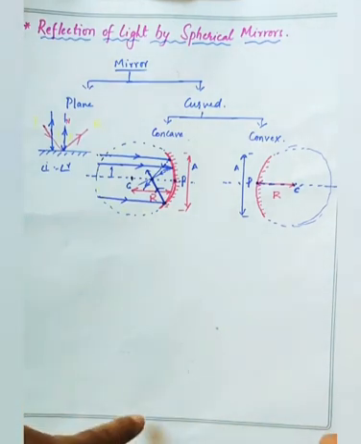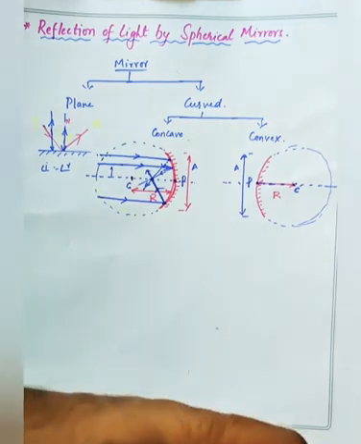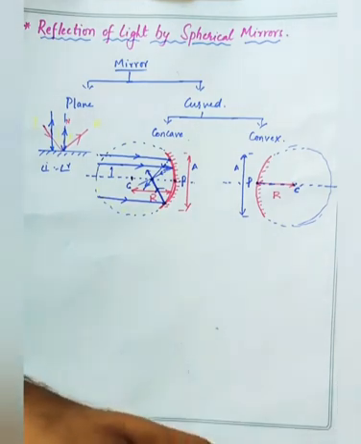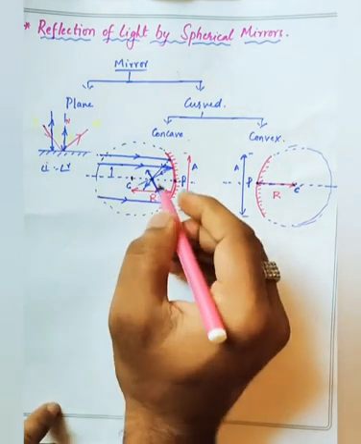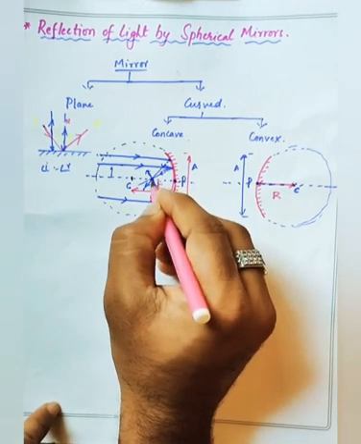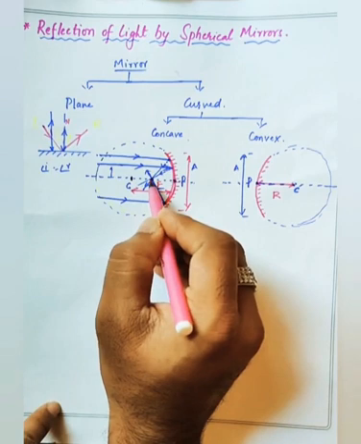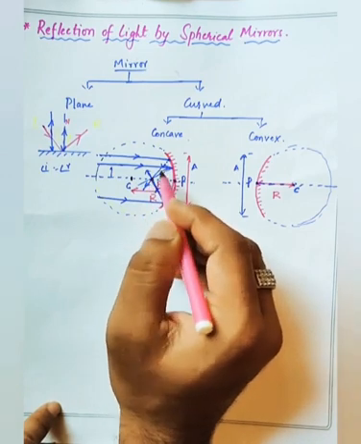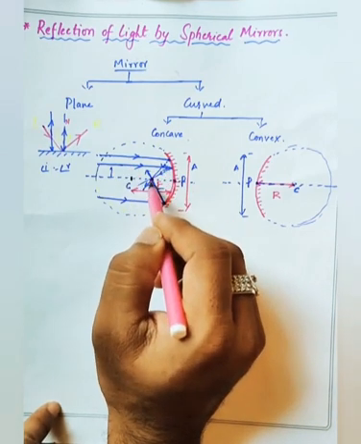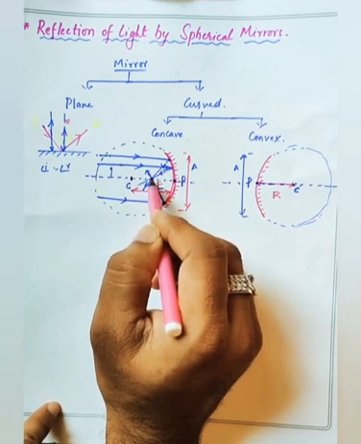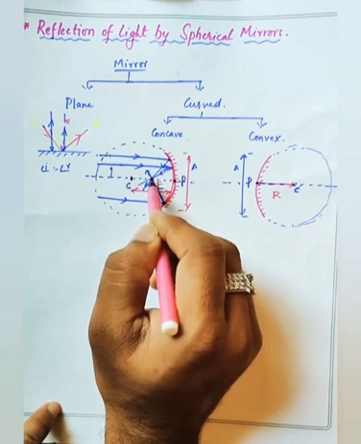We'll write it with a capital F. So this is the center of curvature, this is the pole, and this is the principal focus. It means all the rays converge and focus at one particular point, that is the focus.